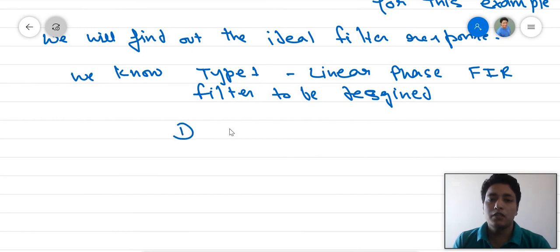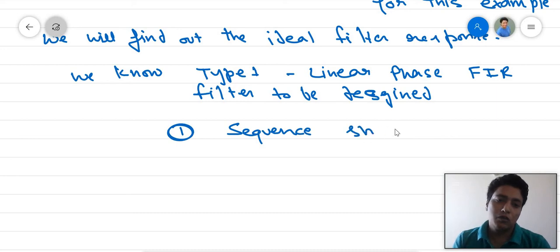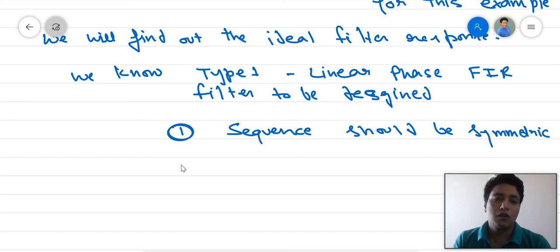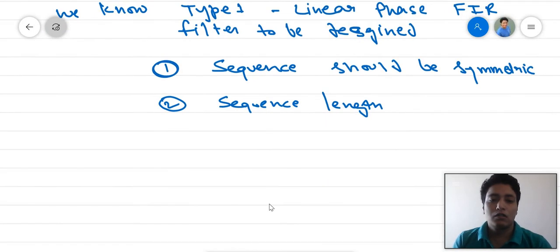That means first the sequence should be symmetric. Second, the sequence length should be odd.